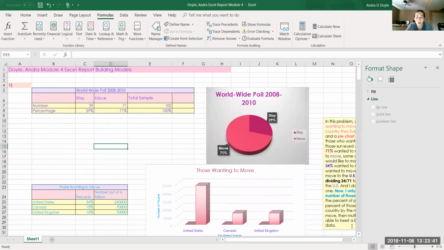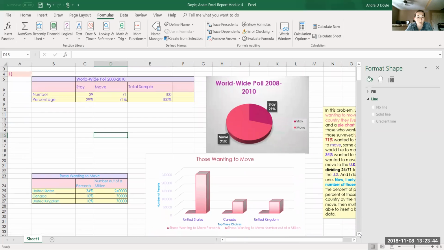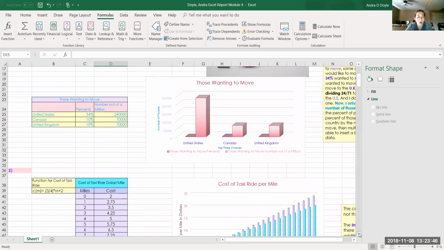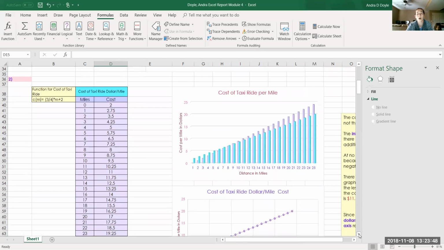So there's all of my work for problem number one. And on number two, we were asked to make a situation to go with a function, and I did a taxi cab ride.